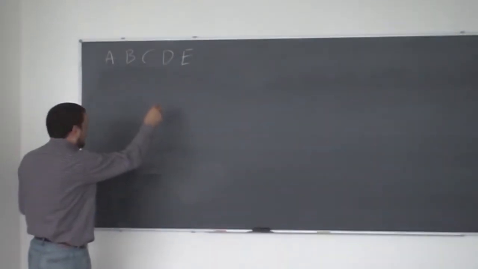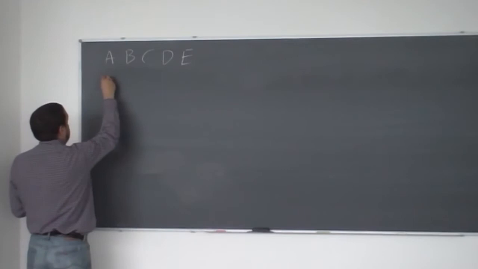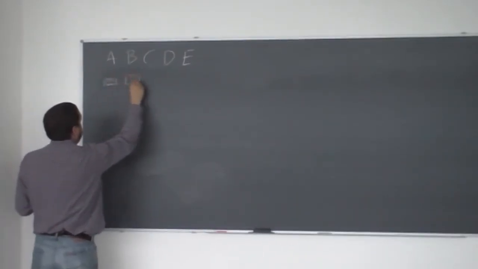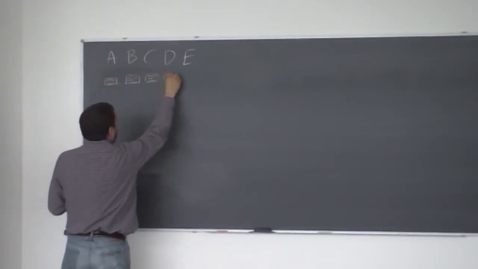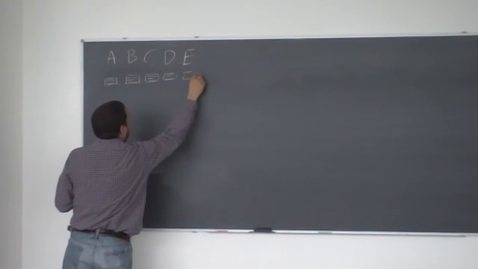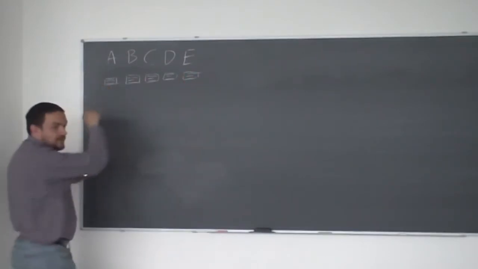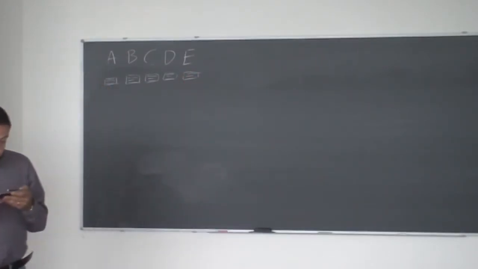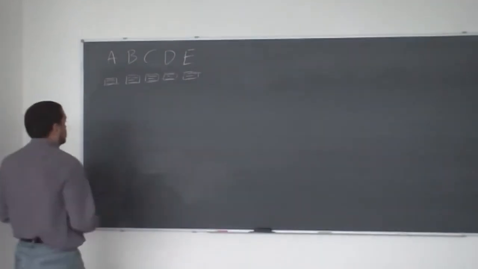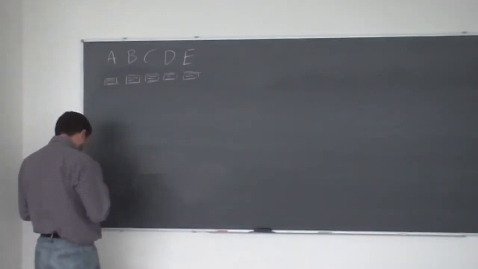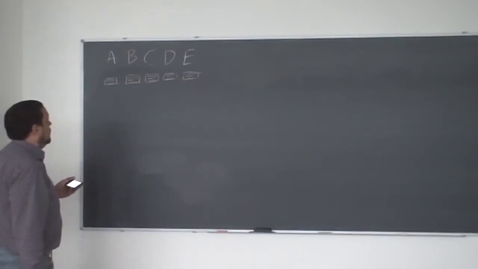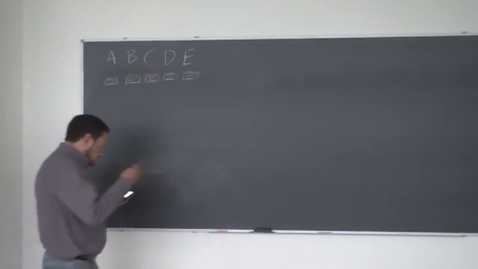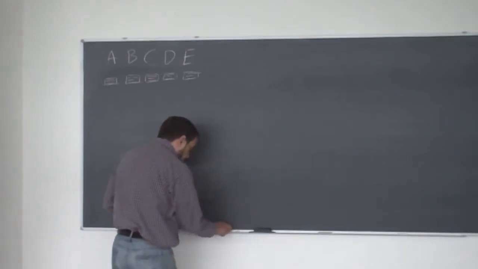So, each of them has a deck of cards. These are the cards seen from the side. And they redistribute the cards in this way.